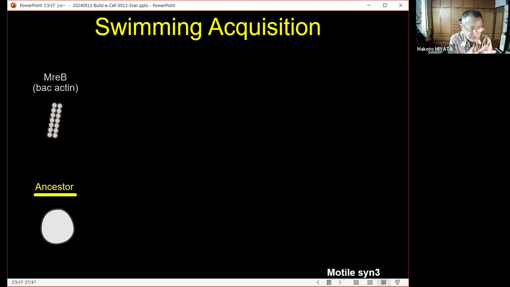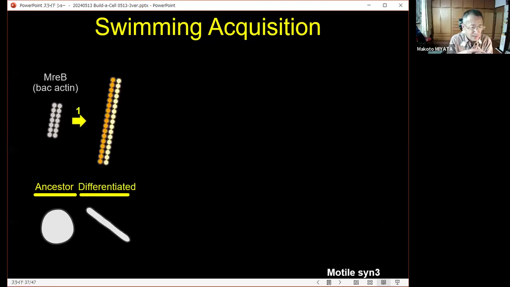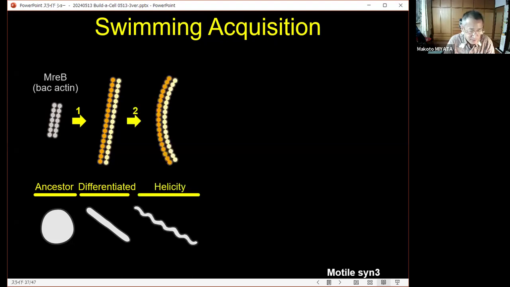So our conclusion regarding the origin of the motility is something like this. MreB is a widespread protein in bacteria. MreB forms a kind of short filament. Regarding the evolution, they accumulated mutations, and the proteins evolved into different classes. Somehow they got a more stable structure.